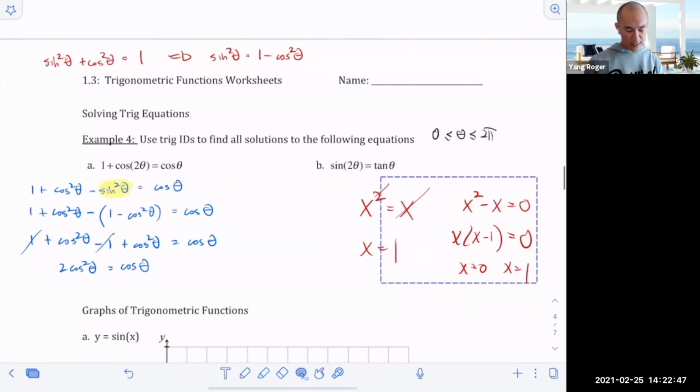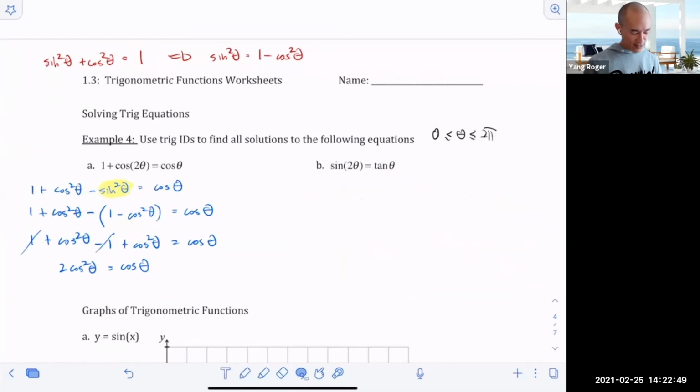All right. So having said all that, guess what we're going to do for this one right here? We're going to move it over. So this is going to be 2 cosine squared theta minus cosine theta equal to 0. And then we're going to factor out a cosine theta.